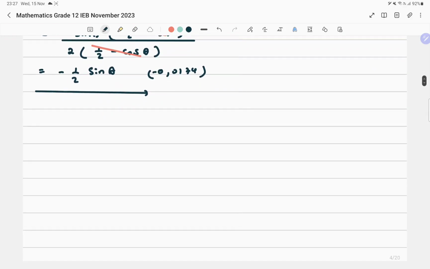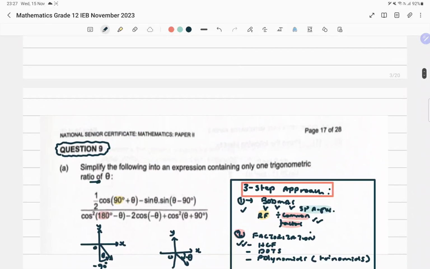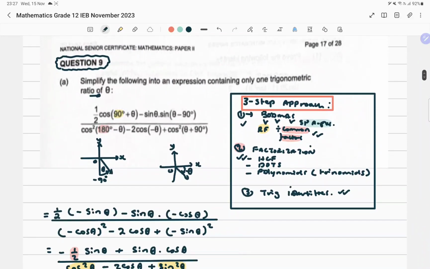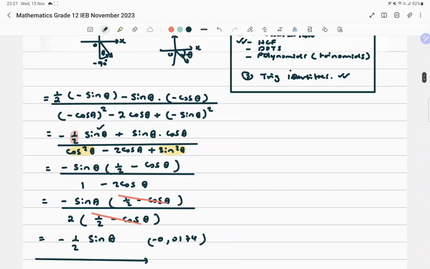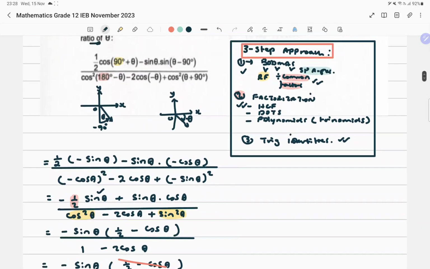So I don't know how many marks was allocated for this question, but whatever it is, what I can tell you is this reduction is important. So this reduction actually is the one that is important, and this reduction is important. This is important.